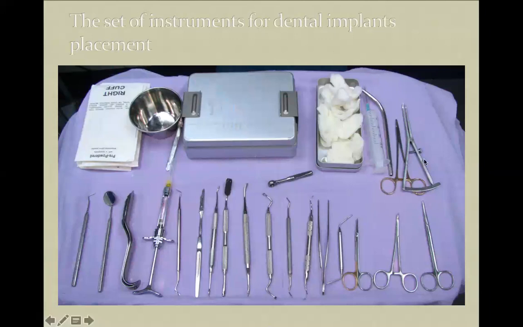That's what it looks like. As you can see in this picture, this is a standard set. This is retraction, anesthesia, scalpel blades. Here we have subperiosteal elevators, curettes, forceps, scissors for sutures, needle holder, and a standard syringe for the irrigation, like this.